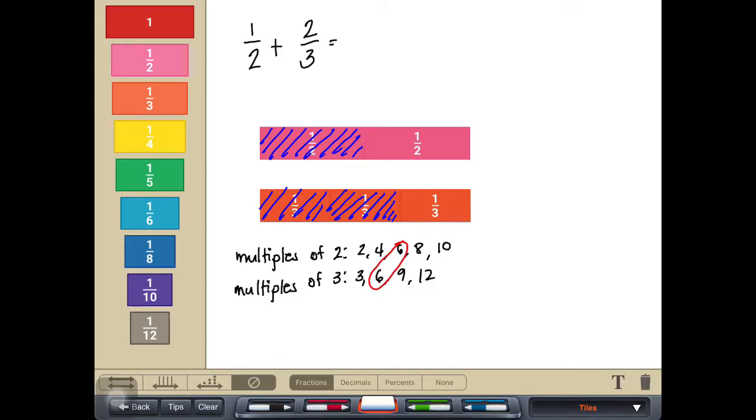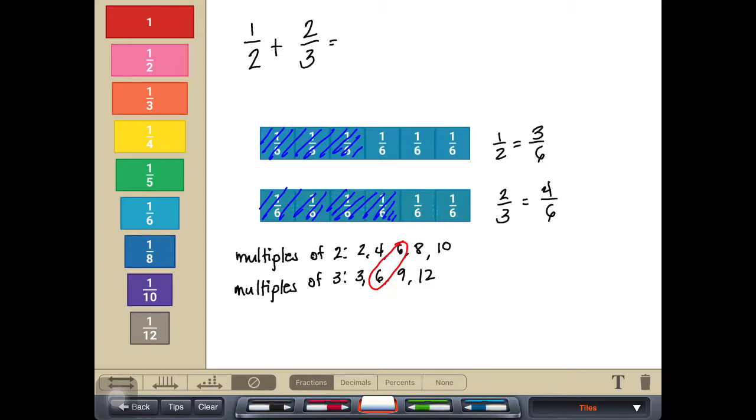Let's see how many sixths are there in 1/2, as well as in 1/3. So as you can see here, our 1/2 is now equal to 3/6, and our 2/3 is now equal to 4/6.